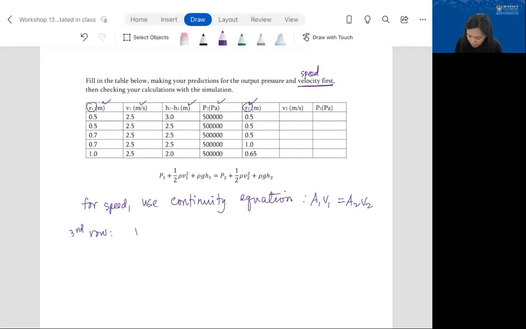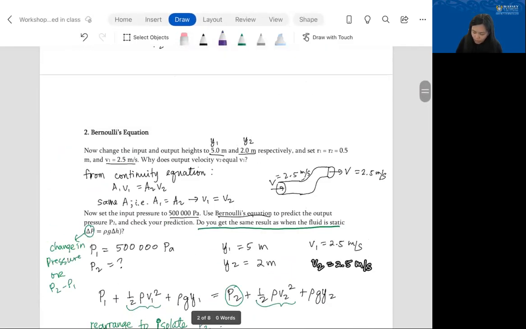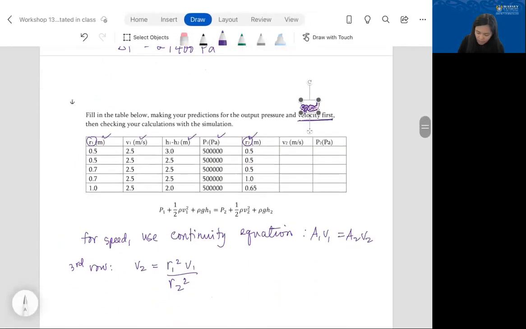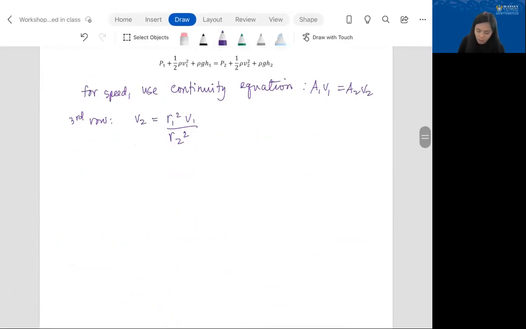So for the new speed, V2 will be equal to R1 squared V1 over R2 squared. Yeah, that's what we've seen earlier. So we don't have to calculate for the area. It saves us some time because we've already worked out here that A1 divided by A2 is the same as doing R1 squared divided by R2 squared, because the pi disappears and area is pi r squared.